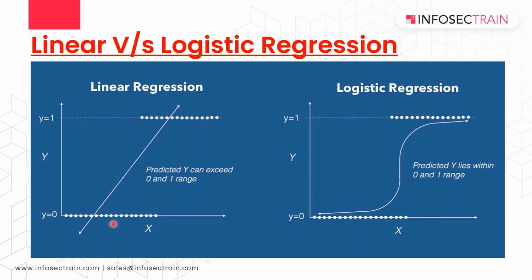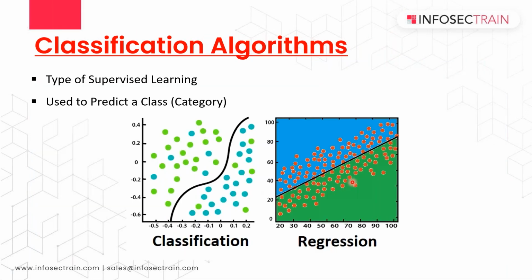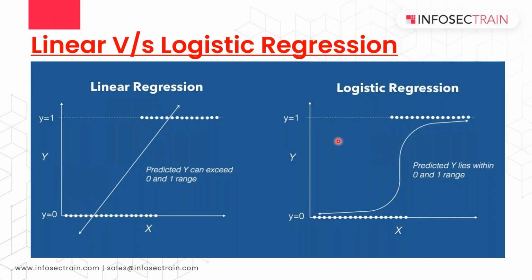Okay, so let us talk about linear regression versus logistic regression. As you know, what is linear regression? Here you will see that this right plot is going to be, let's say, linear regression. Our data is different now.